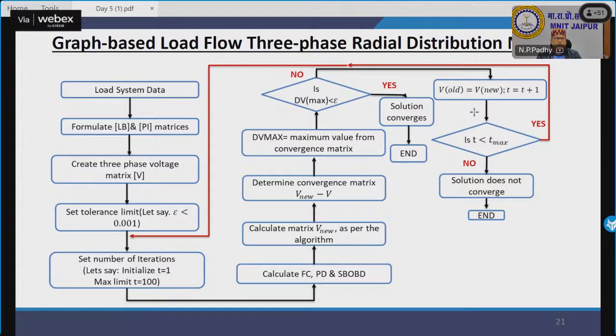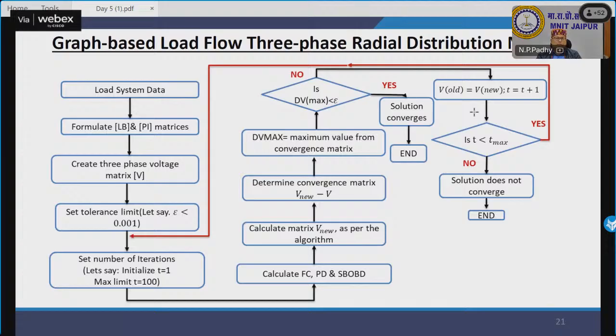So first, load system data, and then calculate LB and PI, create the three-phase voltage matrix V, set the tolerance value, which is 0.001, and set the number of iterations, let's say it is 100. Then you calculate FC, FD, SPO, BD, calculate matrix V new as per the algorithm, determine the convergence between V and V minus V, and if the convergence is equal to the minimum value from the convergence matrix, then the solution converges.